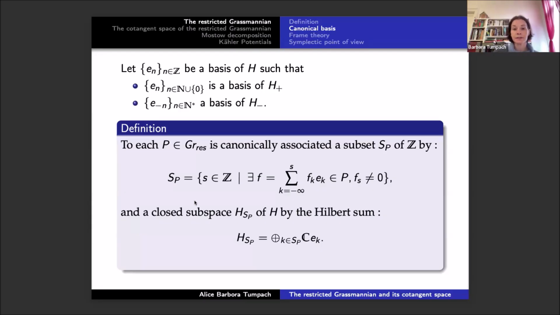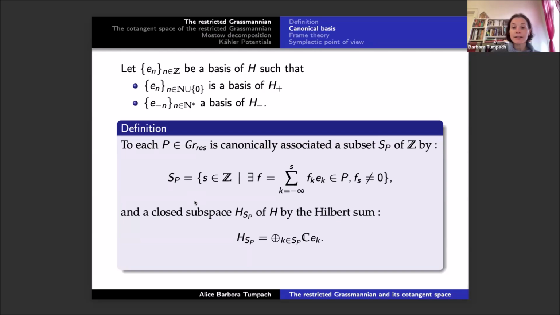This is the set of integers s such that there exists an element f of the closed subspace P of the following form. f is an infinite sum, but only with a finite number of positive indexes. So it's a sum from k going to minus infinity to a given finite s of combinations of the elements of the basis, and the coefficient f_s is non-zero.